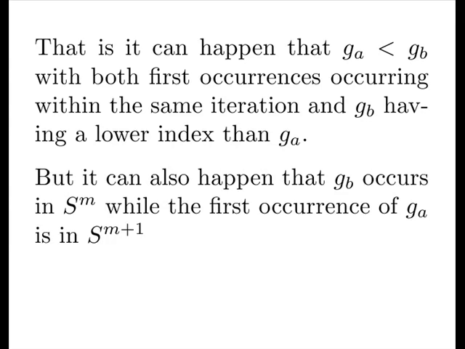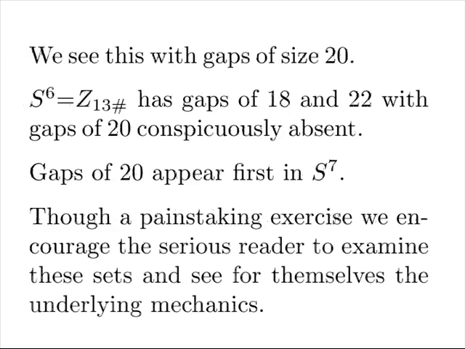But it can also happen that G sub B occurs in Sm, while the first occurrence of G sub A is in the next S iteration. We see this with gaps of size 20. S6 equals Z sub 13 primorial has gaps of 18 and 22, with gaps of 20 conspicuously absent.